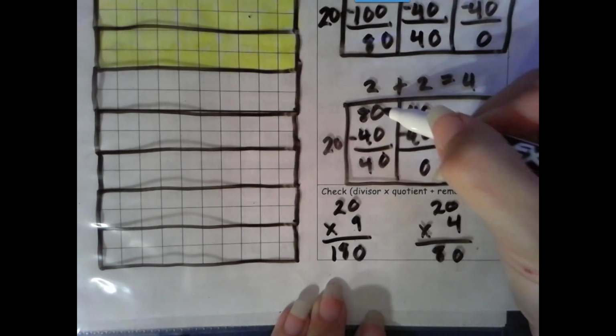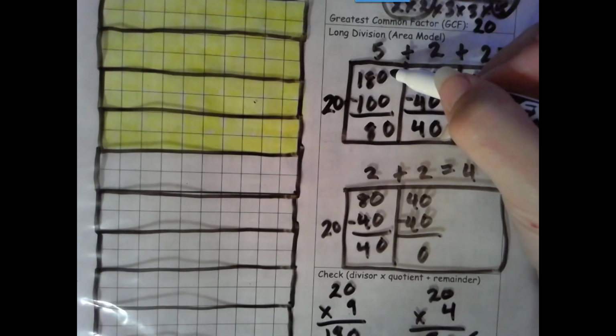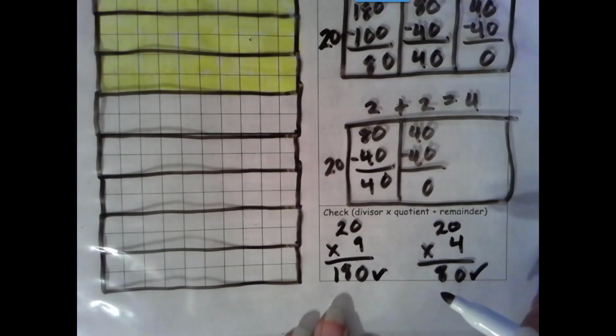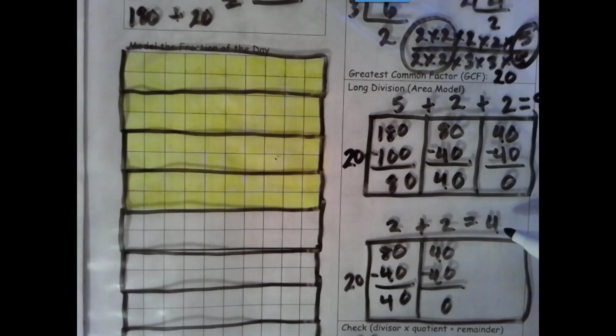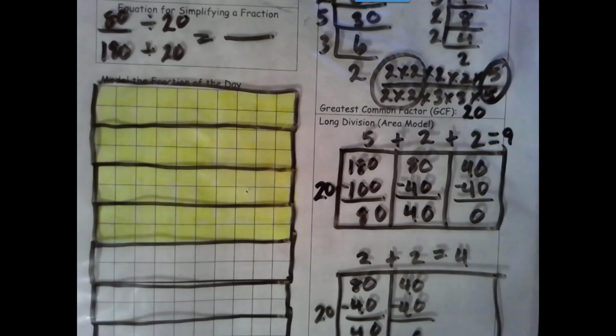So 80, that checks. 180, that checks with our dividend up here. So our numerator is definitely 4, and our denominator is definitely 9.